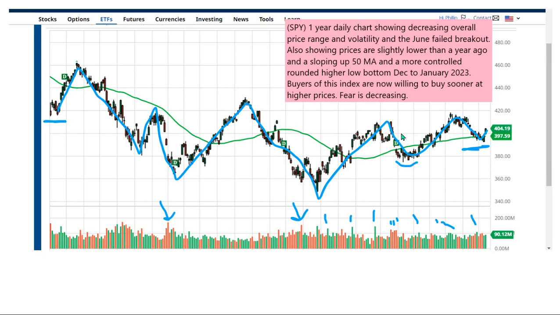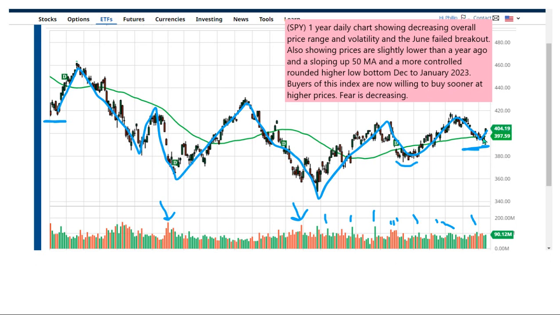We also have a more controlled rounded bottom here in December, versus these V bottoms, and into January 2023.